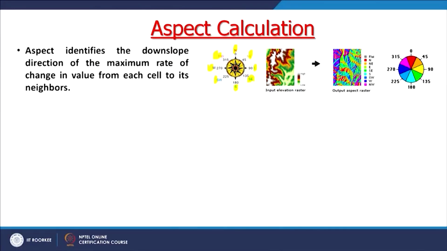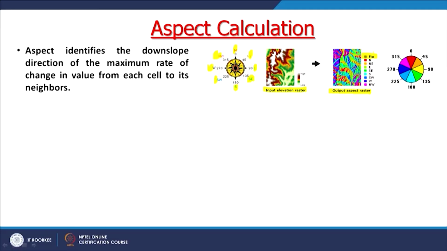So, here this example you have also seen earlier, that this is our input image and this is the output raster. Now, here you would find that there are all 8 directions including one for flat, the top one, because that flat is indicating that there is no slope in the surrounding.